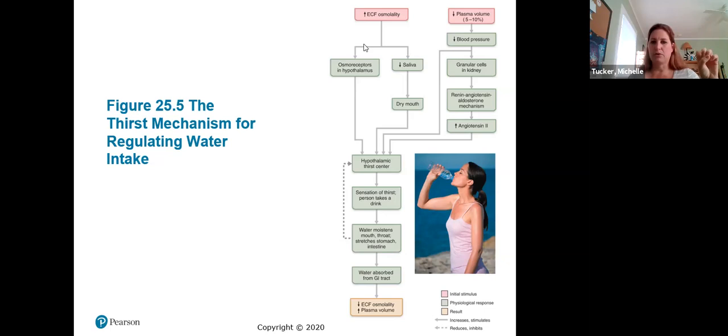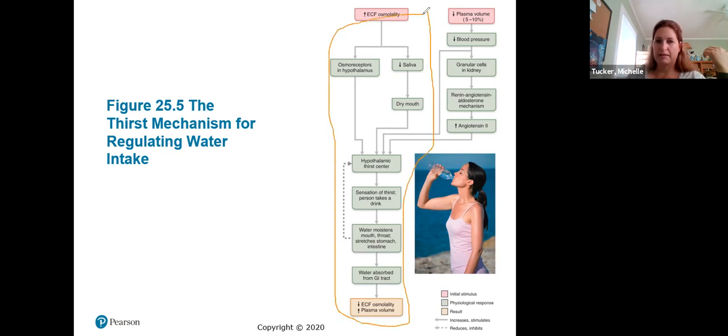It's going to have a role in maintaining osmolarity and a role in maintaining plasma volume. So this graphic will come back to it. But for now, we're only going to talk about this half, okay, because we're talking about the thirst response.